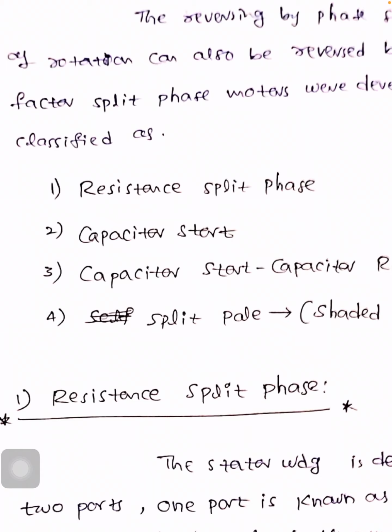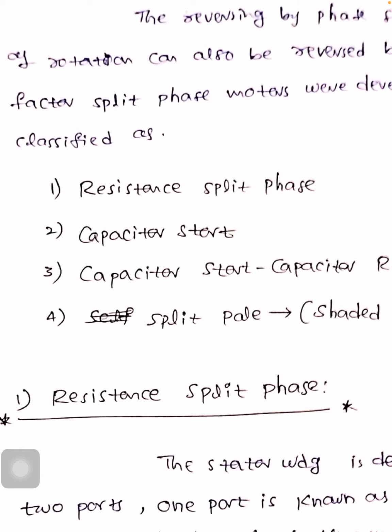But in case of the 3-phase induction motor, depending upon the construction of the rotor, it is classified into 2, which are the slip ring induction motor and the squirrel cage type of induction motor. But coming to the single phase induction motor, the construction of the stator part is classified into 4 types.